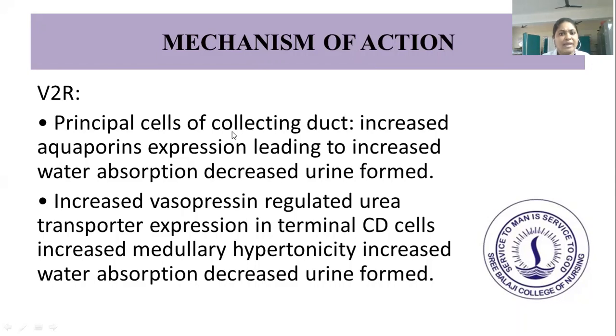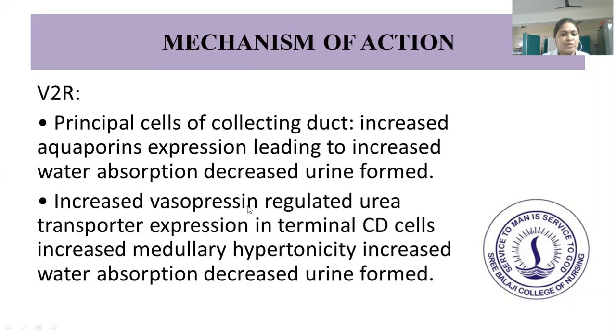And next is the mechanism of action. How these receptors work, how the action takes place. First, the V2 receptor, that is on principal cells of the collecting duct, increases aquaporin expression leading to increased water absorption and decreased urine formation.